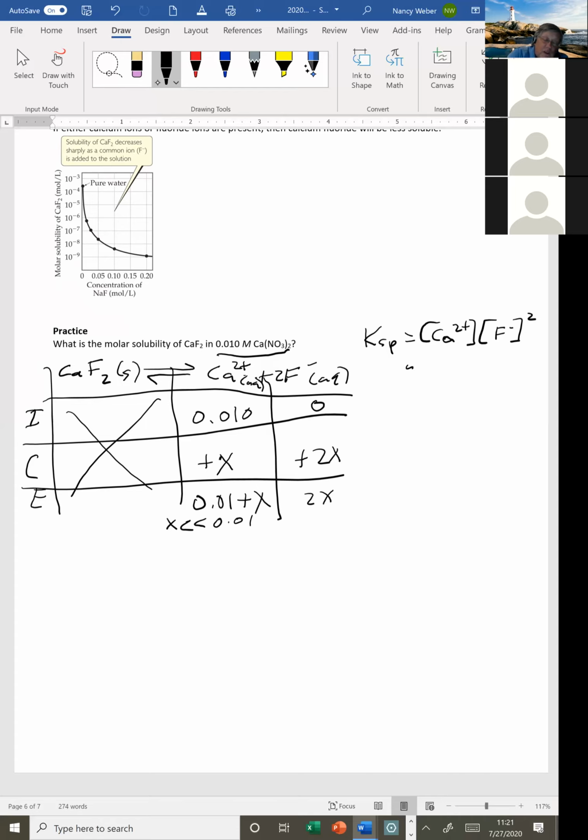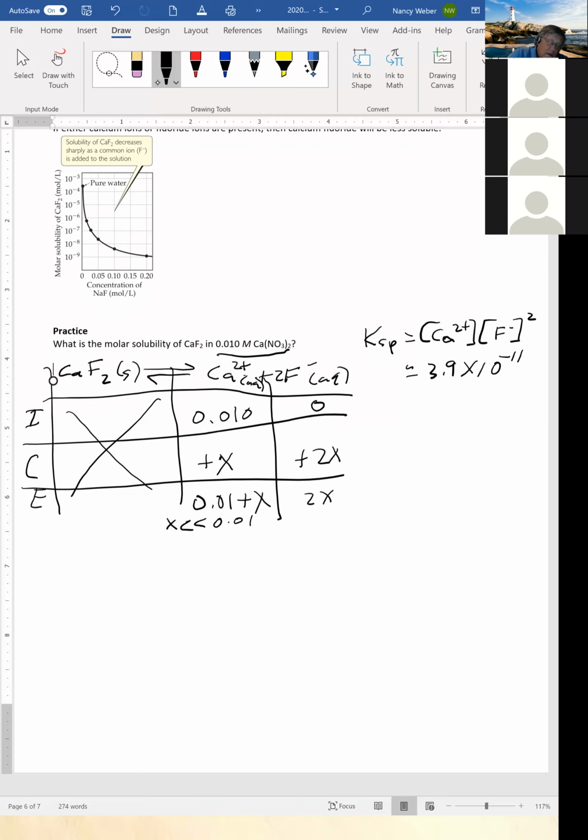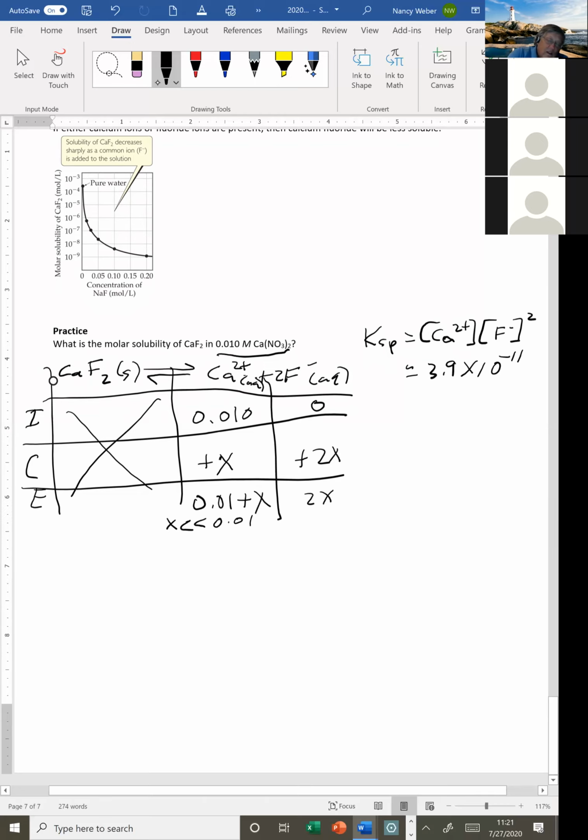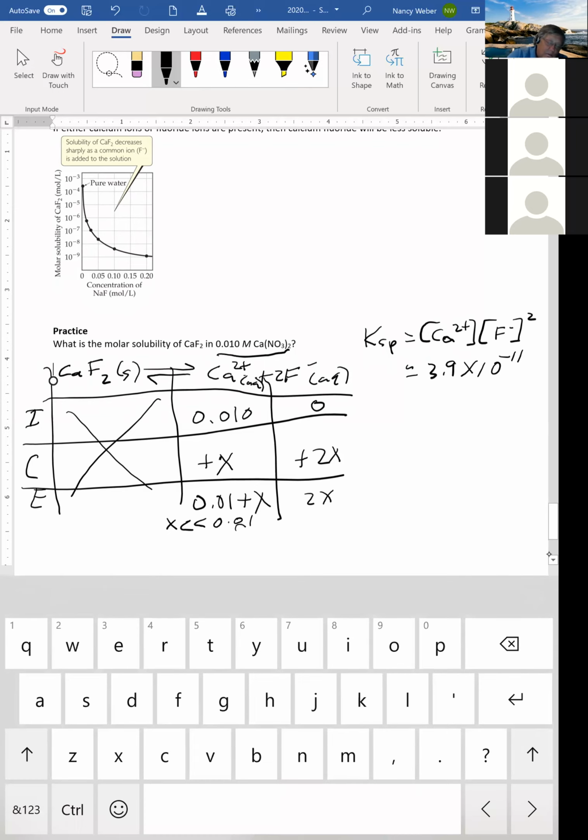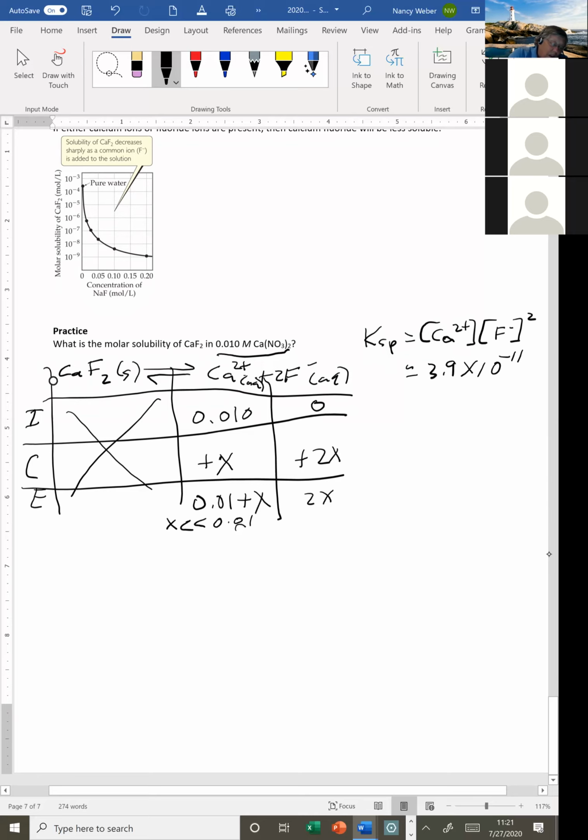And we know that this is the same value as before, 3.9 times 10 to the minus 11. This number is much larger than 10 to the minus 11. Okay, so the KSP is going to equal this time 0.010 times 2x squared.